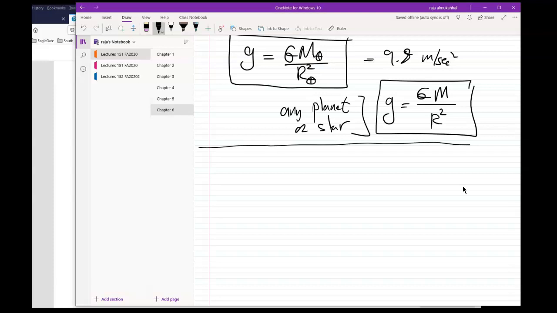Now let me do a couple of examples. I have actually two examples: example 6.9 and example 6.10. 6.9, page 166.